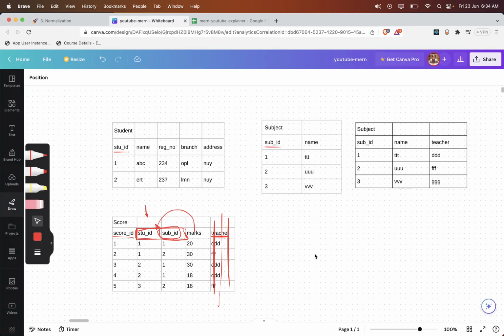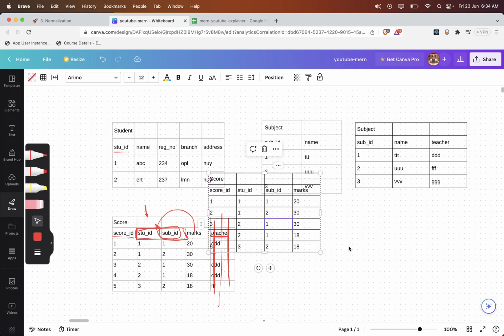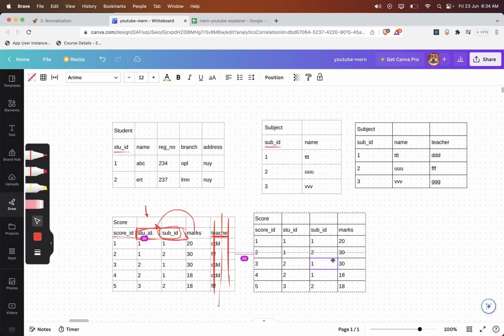These are the normalized tables. So just forget about the earlier tables now. Student, subject and score: this is normalized by means of the second normal form.